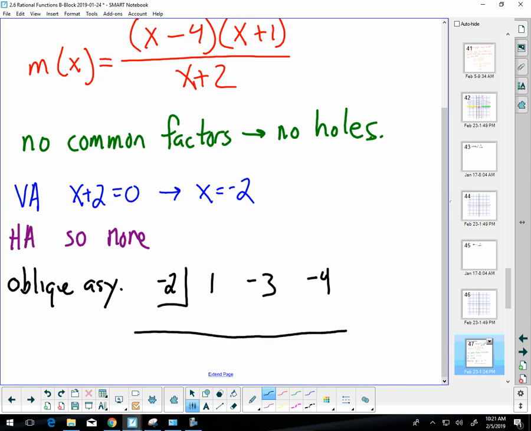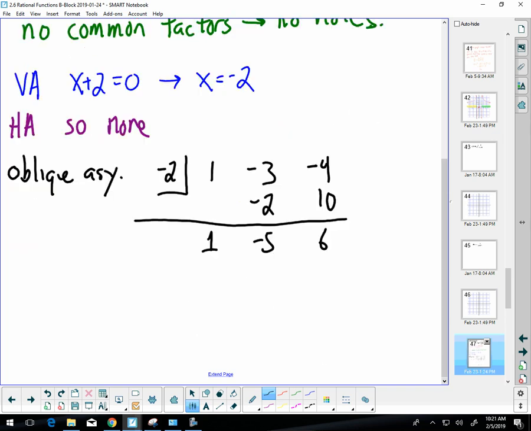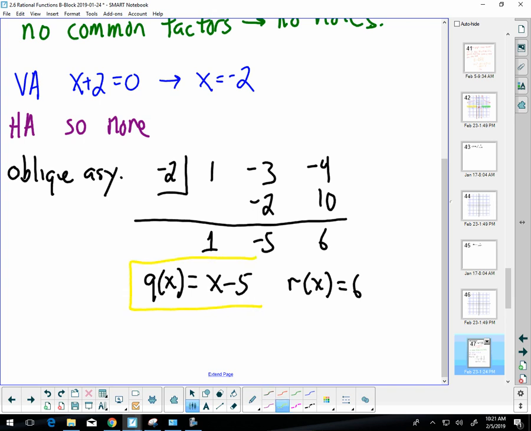Use my synthetic division technique. And I get a 6 there. So that tells me I have a quotient of this division of x minus 5 and a remainder of 6. Now, that x minus 5 is what is going to be our oblique asymptote.